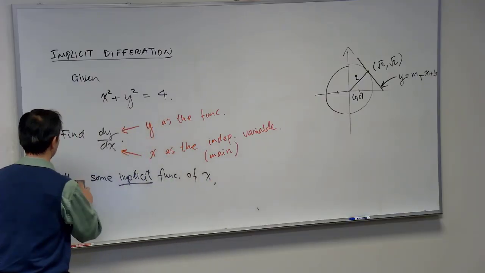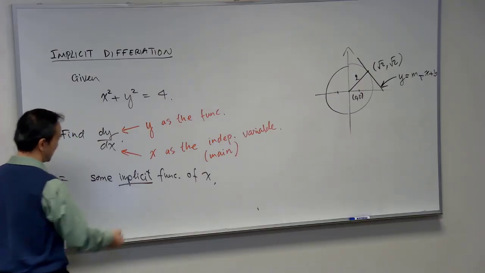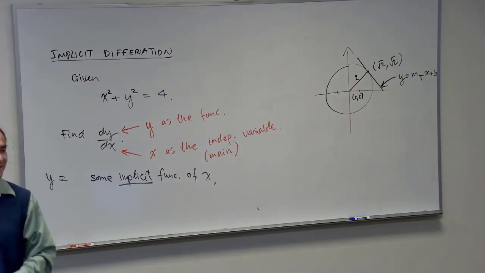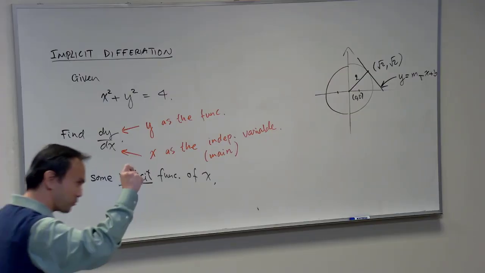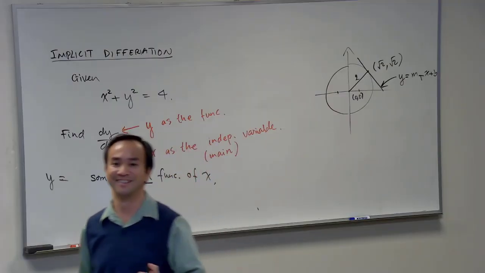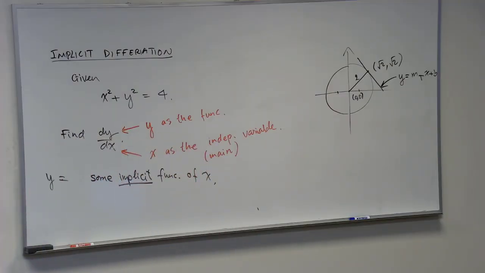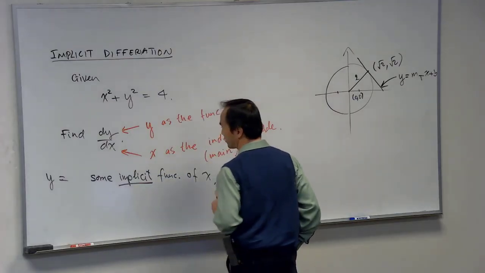As a matter of fact, y equals some implicit function of x. Are you seeing the term implicit right there? It means the function is there. It's just that we don't need to show the expression. It's kind of hidden inside of that equation. That's why I'm using the term implicit. You know what I'm saying? So y is just some function of x, but we don't need to know the particular expression of that.